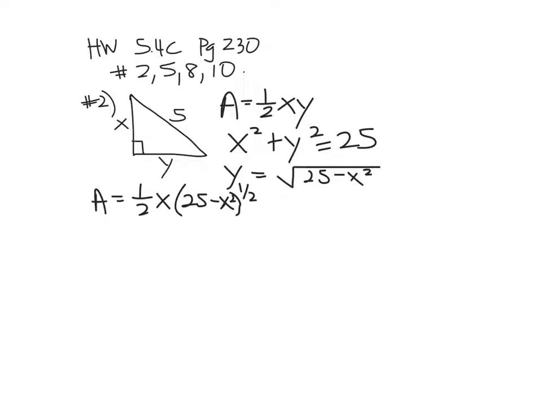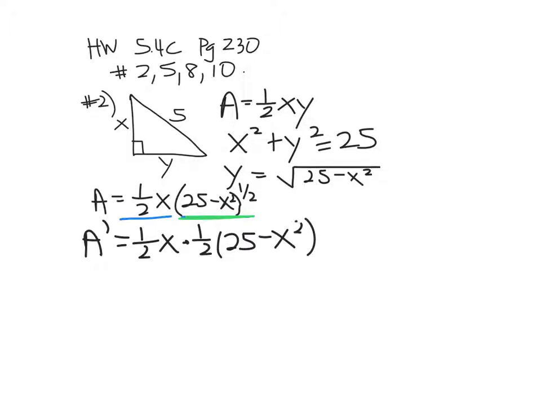So let's take the derivative of the area. And this one's a little tricky derivative because we have a and we have b. And when we do b, we're going to have to do a chain rule on that one. Okay, so it's a times b prime. So I want to take the derivative of this right here. The derivative of that would be to take the 1/2 and move it down, leaving the inside alone, and then subtract 1 off the 1/2.